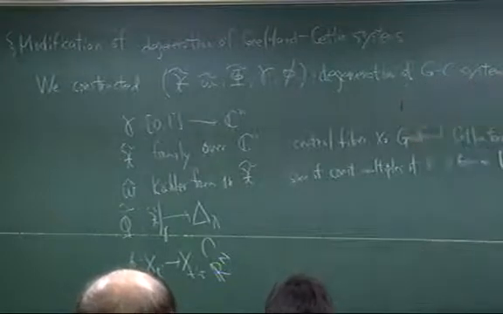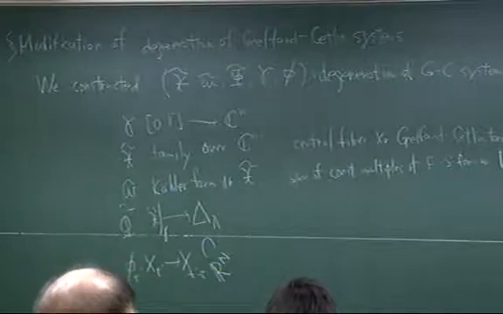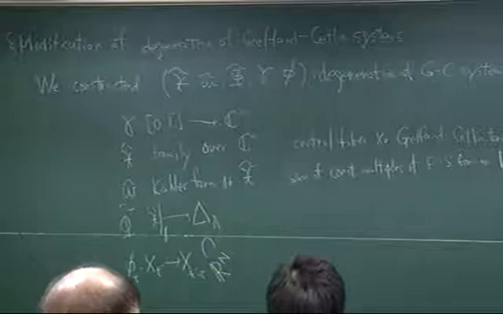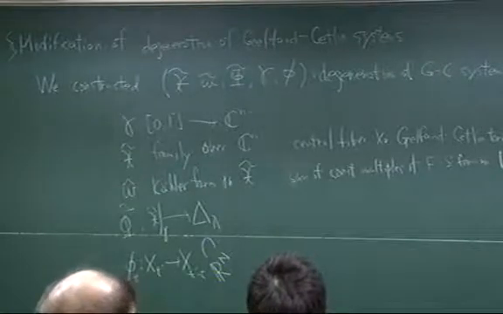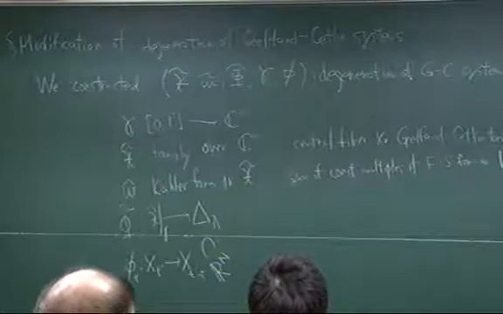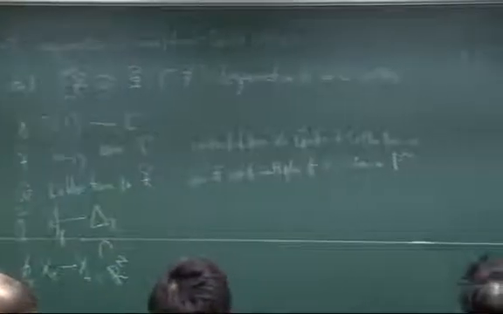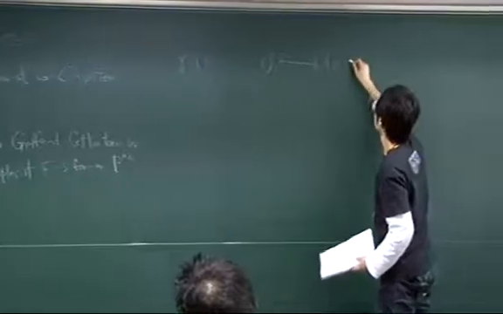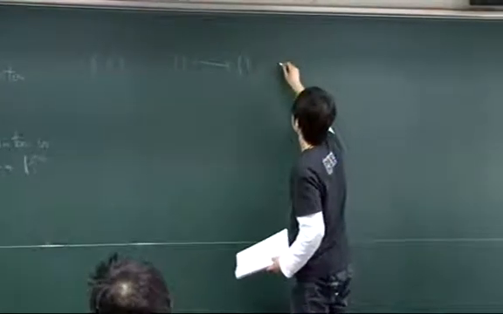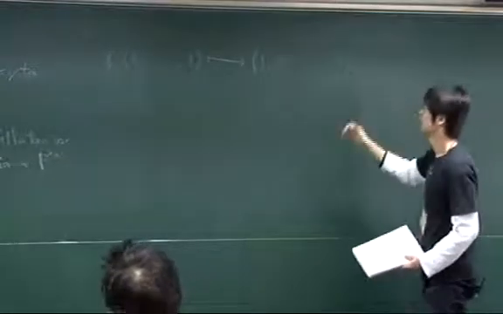Okay, then the path was such that it goes starting from the point with coordinates 1, and goes to the point where the final coordinate is 0.